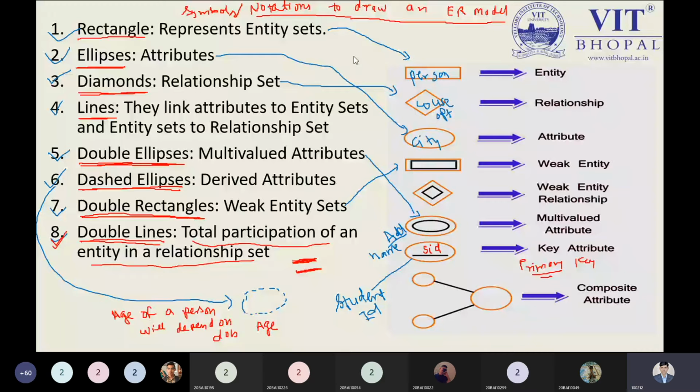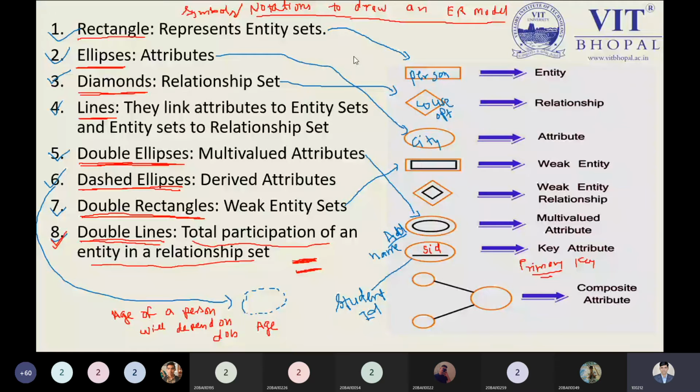But if I use the double lines, then I'm describing that in such a university, at least one student exists. So if I need to describe explicitly that at least one student is available inside my university, I can use the double line instead of the single line to draw the relationship between the entity and relationship, or different entities.